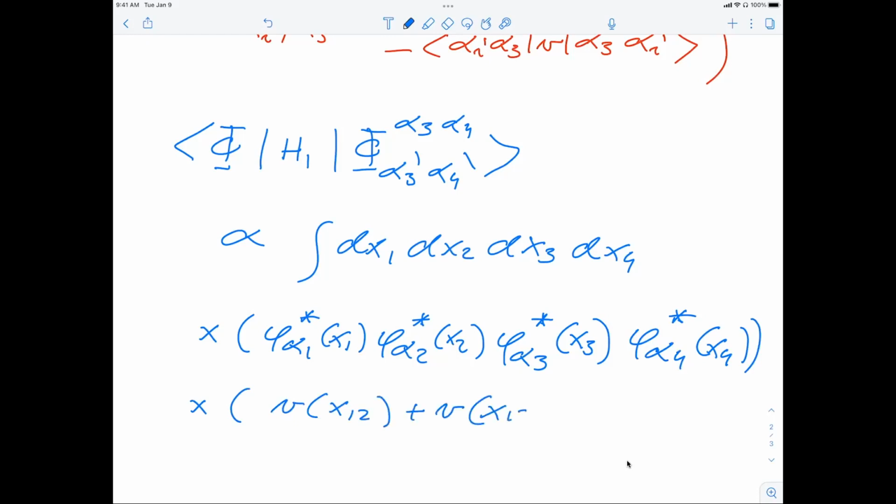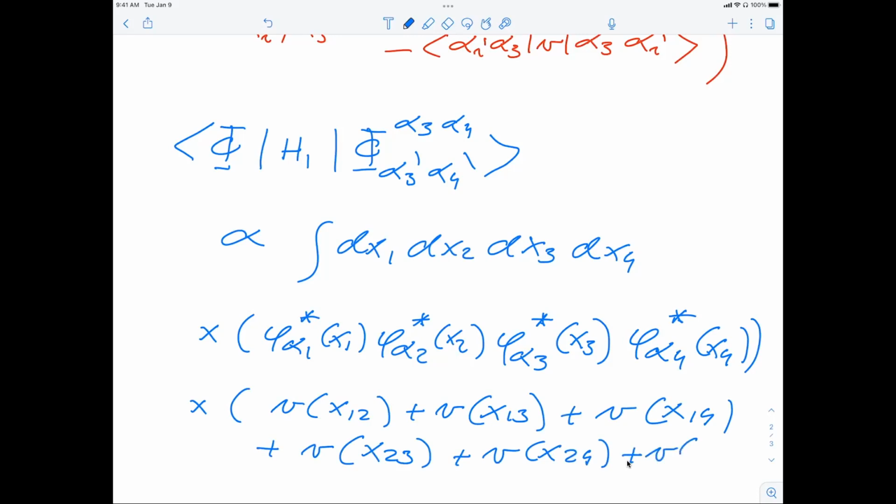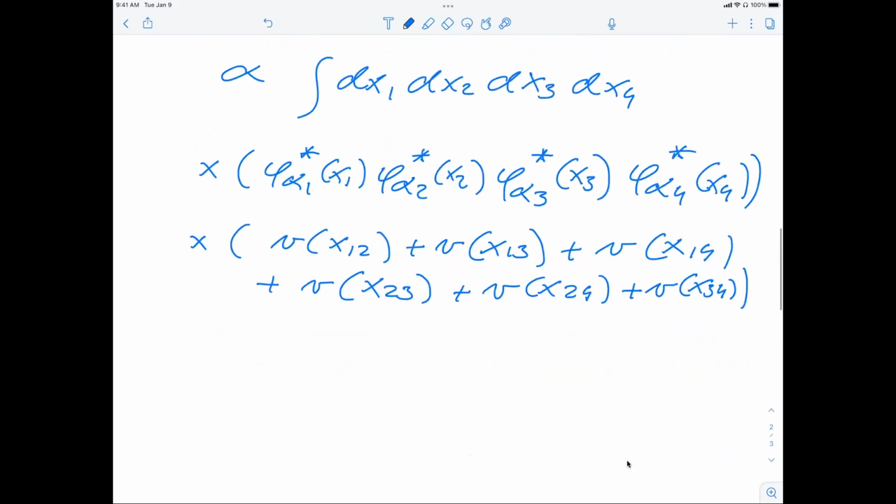So we have these 6 terms, v of x14 plus v of x23 plus v of x24, and the final one, which is v of x34. And then we have the permutations.